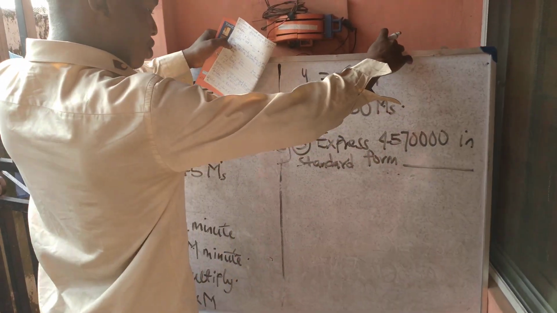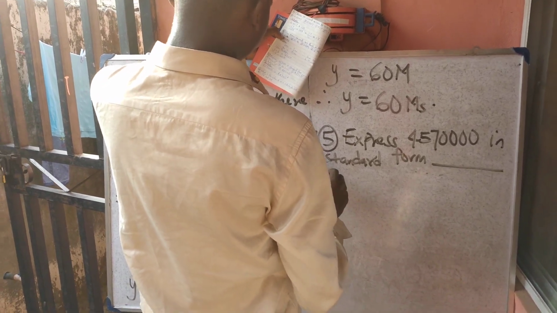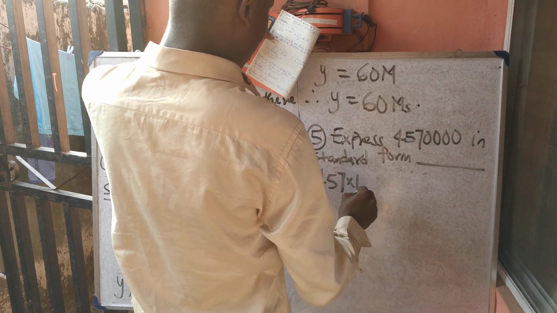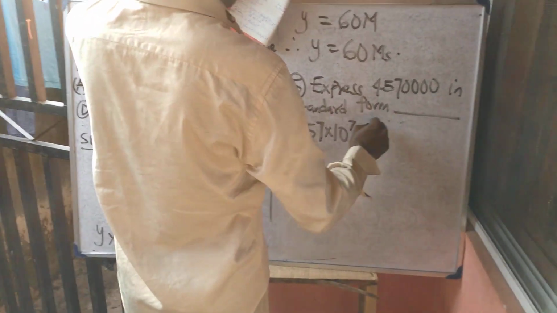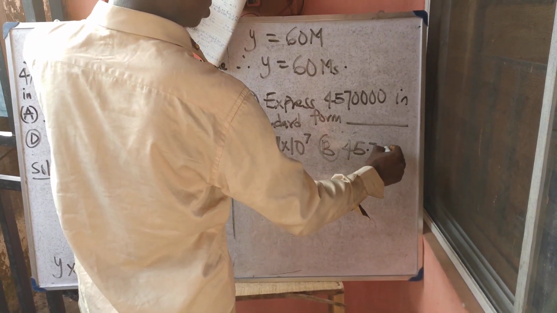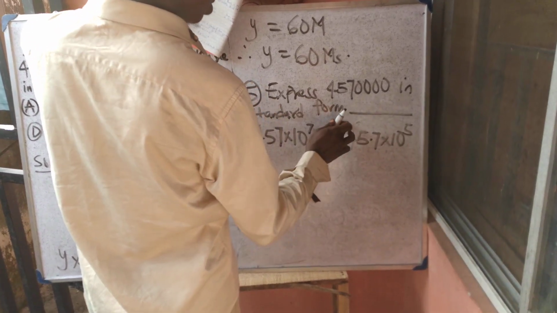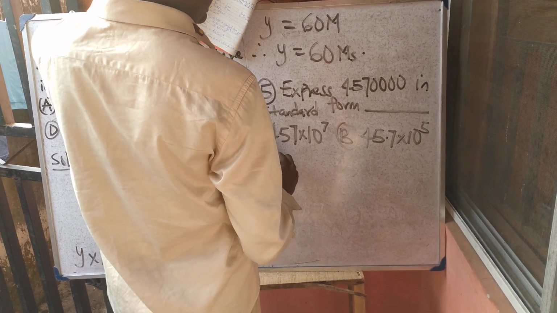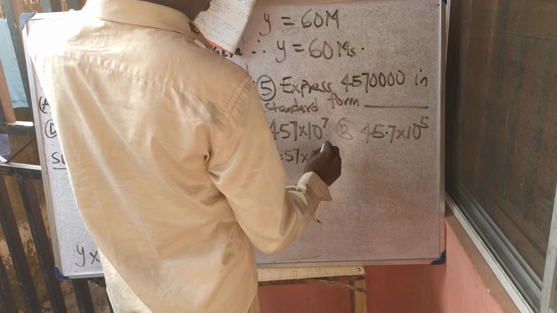First, we have option A, which is 457 times 10 raised to power 7. Option B, we have 45.7 times 10 raised to power 5. Option C, we have 4.57 times 10 raised to power 4.